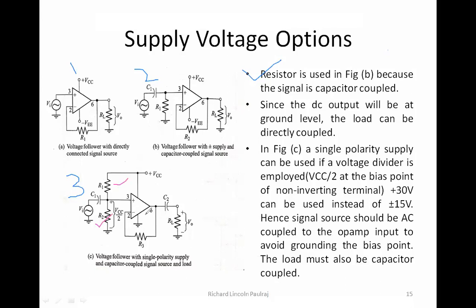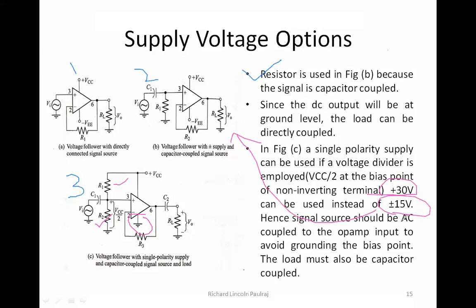In that case, I can use this ground configuration, which means I can use a higher potential of only plus 30 volts. Otherwise, I will have to use this plus or minus 15 configuration.